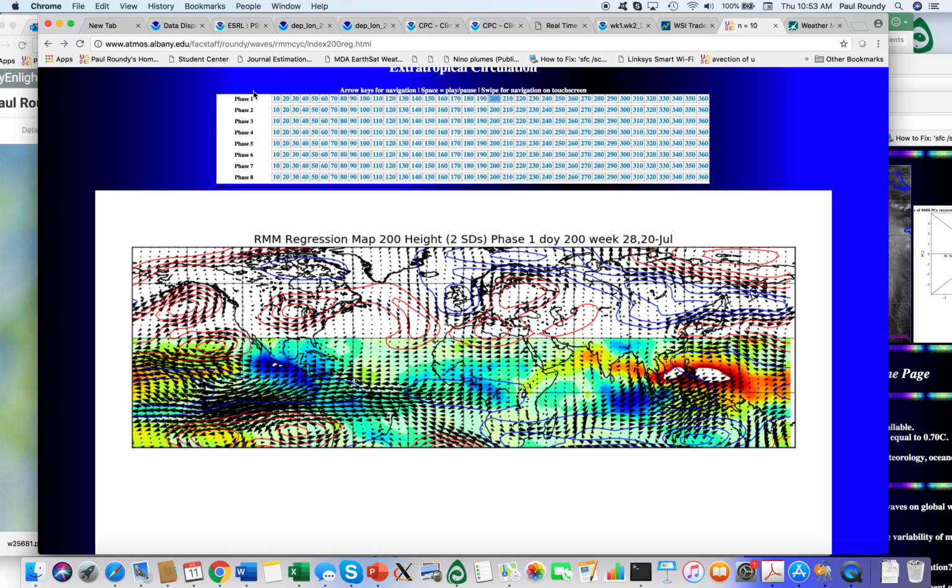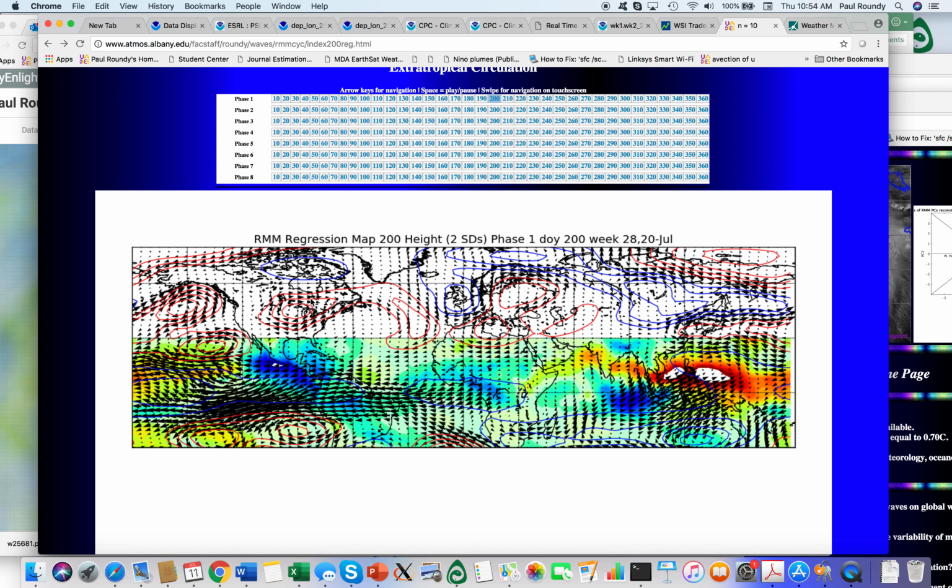Swiping from left to right is changing around the seasonal cycle from January back to December. And going down on the diagram is shifting the real-time multivariate MJO index phase from 1 through 8. So we're beginning in phase 1 here. We expect a region of enhanced convection near Central America, a little bit over the Atlantic and West Africa, and also developing over the Eastern Indian Ocean, with a region of suppressed convection extending from northwest to southeast over this area over here.